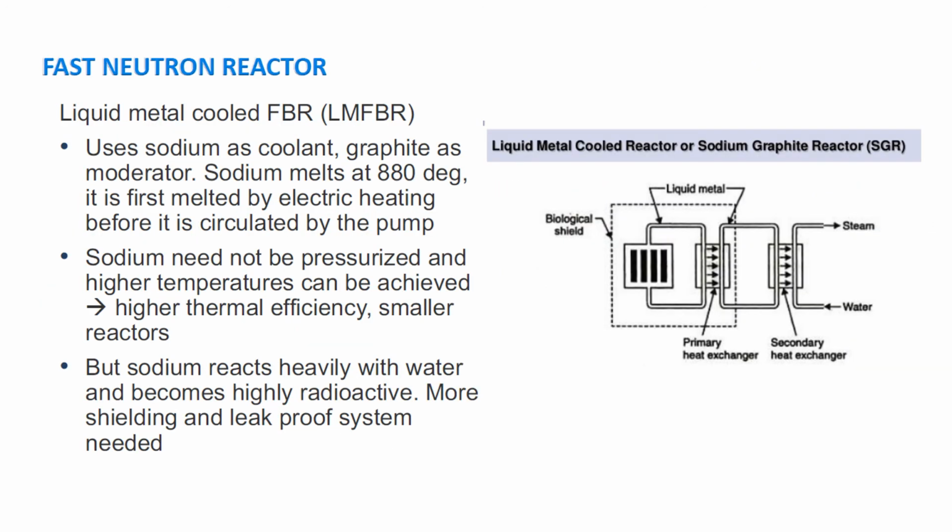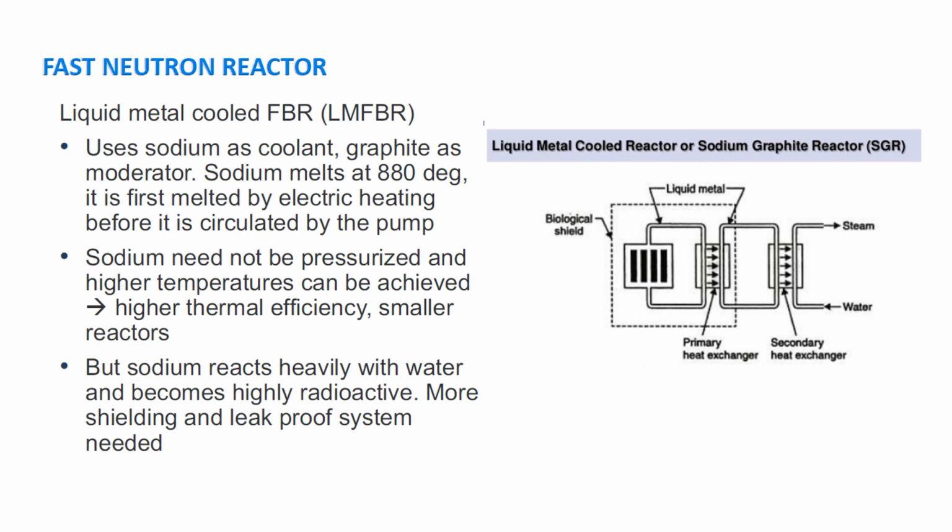Let's talk about your liquid metal cooled FBR. It uses sodium as a coolant and graphite as moderator. Sodium melts at 88 degrees. It is first melted by electric heating before it is circulated in the pump. Your sodium need not be pressurized, and higher temperatures can be achieved, resulting in higher thermal efficiency and smaller reactors.